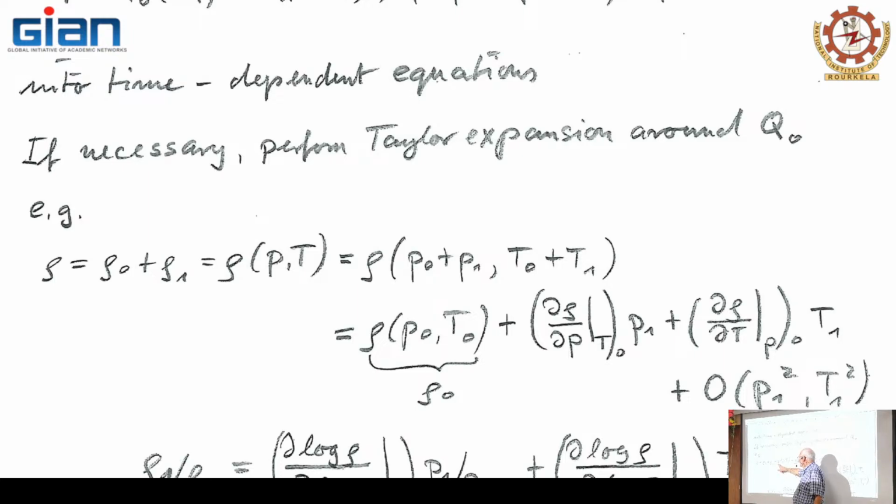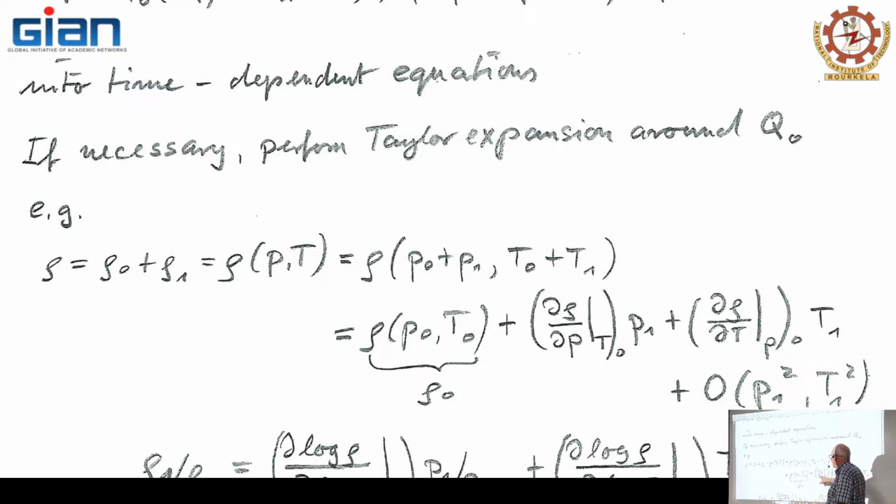This is in general a function of pressure and temperature, so a function of P0 plus P1, T0 plus T1. According to a Taylor expansion, this is the value of the density at P0 and T0, and that is of course our rho naught. If we compare the left-hand side and the right-hand side, you see the rho naught cancels, and this will give an expression for the perturbation in density rho 1.